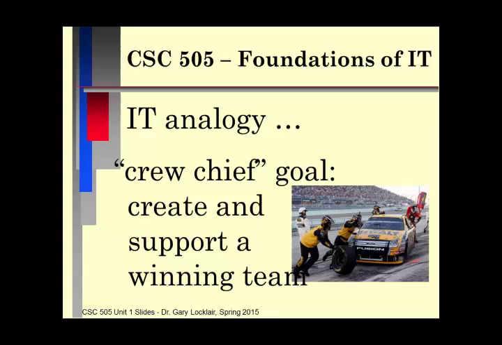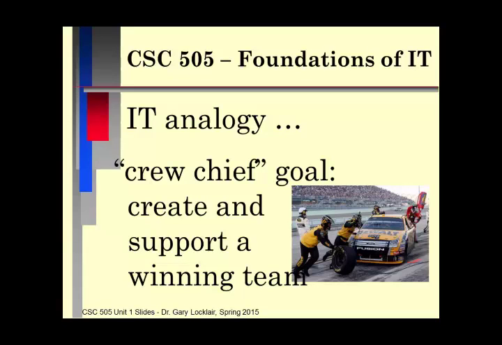But the idea, think about an IT professional as the crew chief. Now, when a race car comes into the pits to have tires changed and more gas and hand the driver the Gatorade bottle and those kinds of things, someone's coordinating all that activity. And that someone is called the crew chief. The crew chief needs to understand all the pieces of the puzzle.